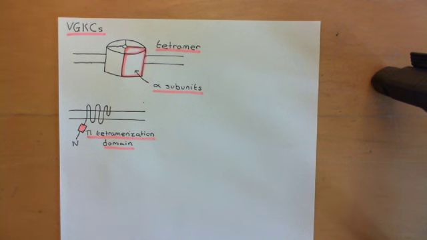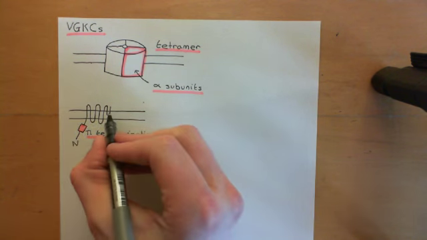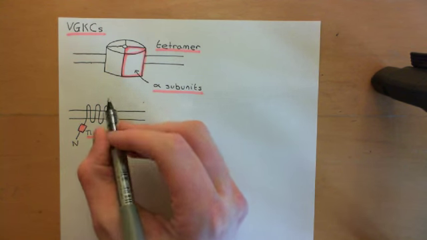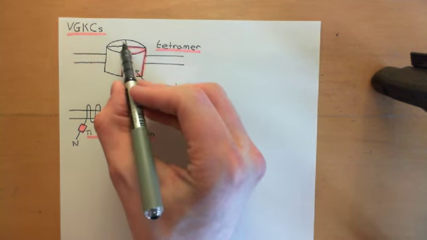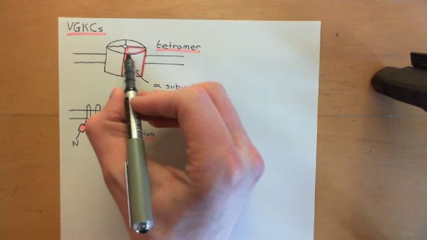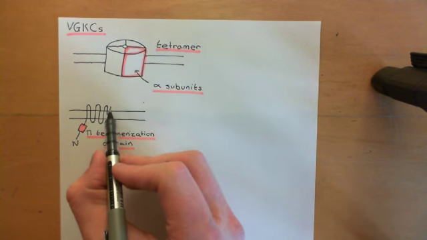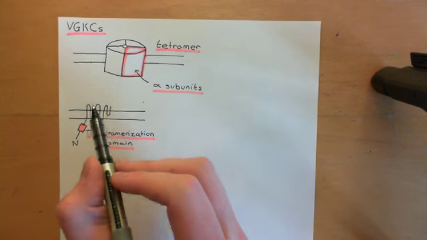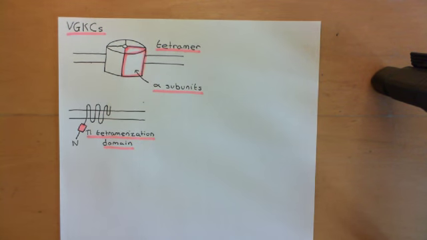And this is going to be important later on when we come on to the actual permeation and selectivity mechanism, because this little ascending portion here is actually the portion that is going to line the pore. So every single one of these 4 subunits is going to contribute this ascending portion of this little re-entrant loop to line the pore, at least on the extracellular side.